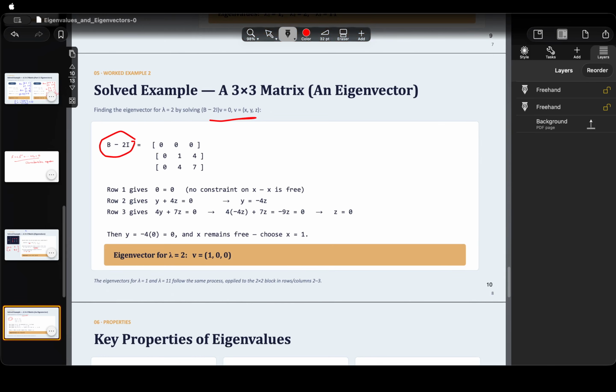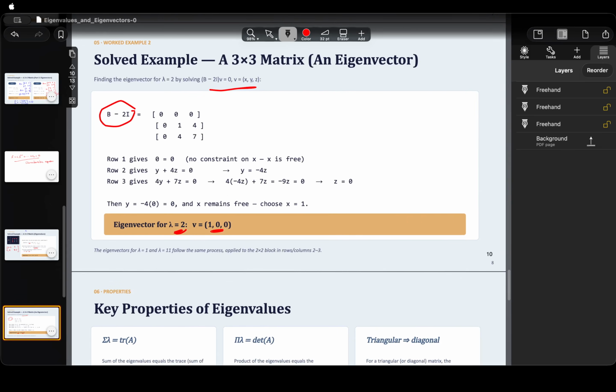This one, the eigenvalue was given as 2, and your eigenvector was given as this. Kindly pause for now and take your time to go through this example. If you have any question or response, you can put that in the comment section.